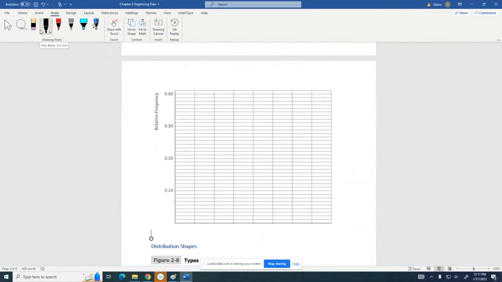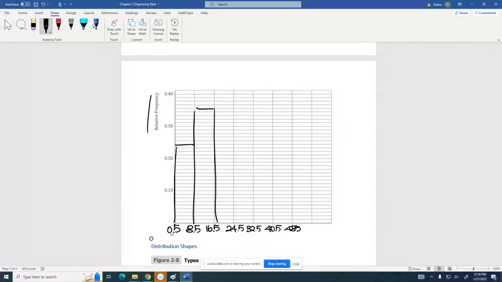For the histogram, the class boundaries are 0.5, 8.5, 16.5, 24.5, 32.5, 40.5, and 48.5. And now here are the relative frequencies. The first one is 0.23, about here, and 0.35. The next ones are 0.18, 0.10, 0.07, and 7.